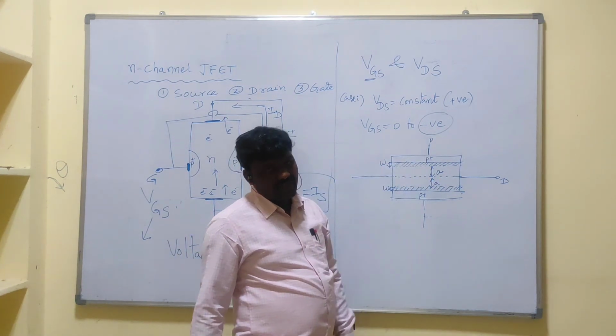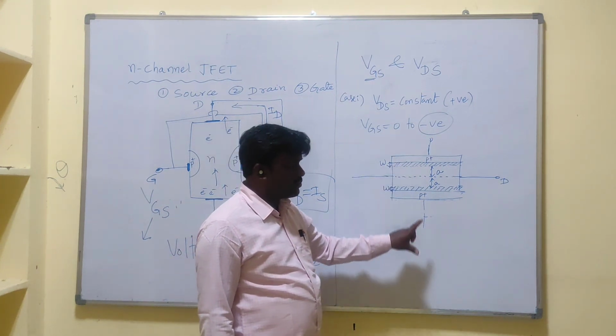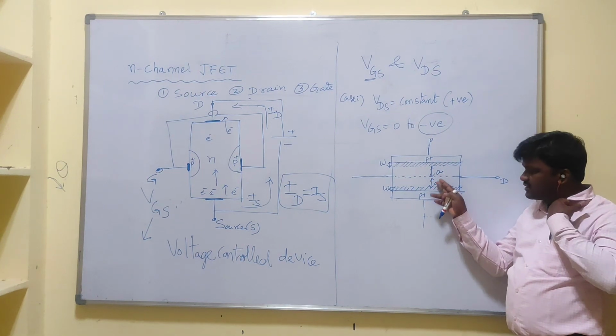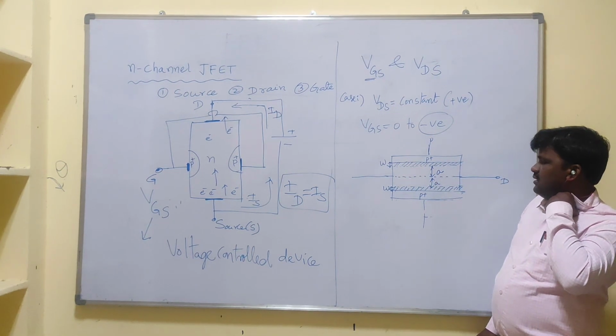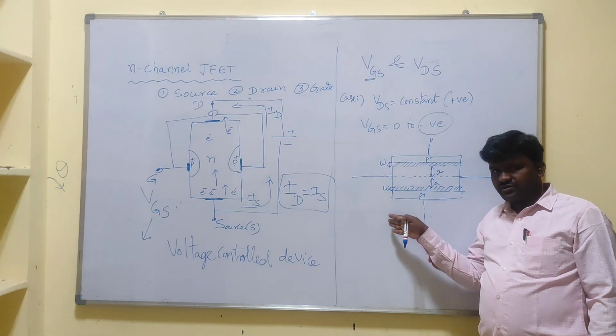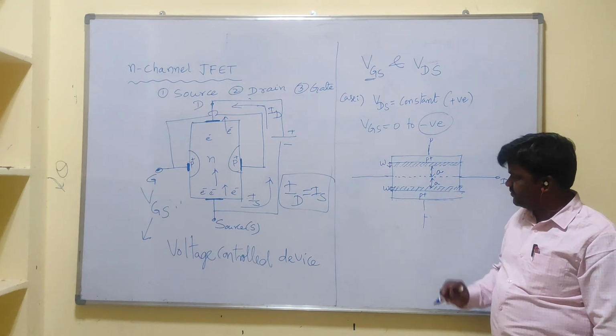A is half of the channel width for the conduction. Total width is 2A, and from the center, on this side we have A, on this side we have A. If you increase the reverse voltage, then the width of the depletion region also increases, then this A will decrease.